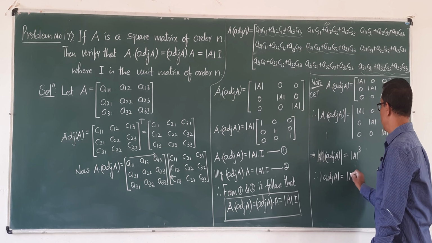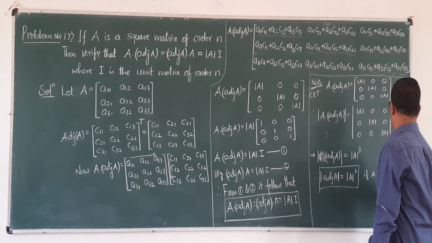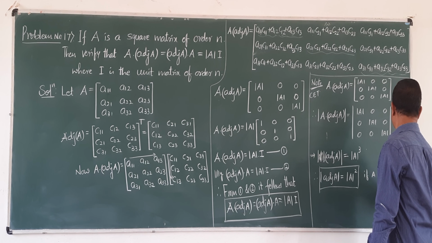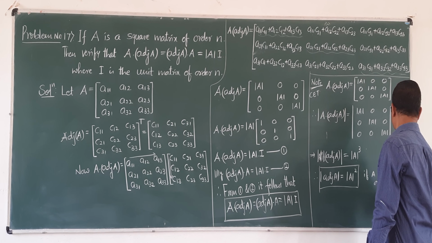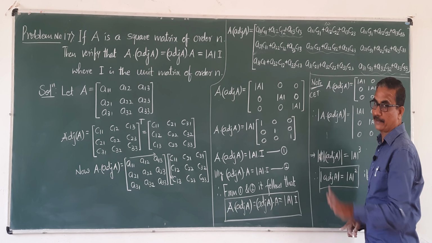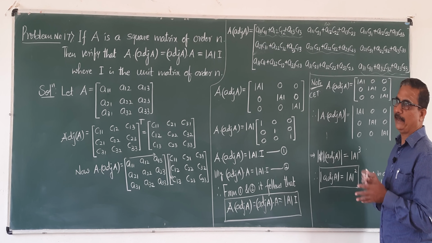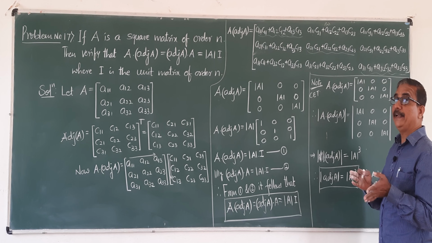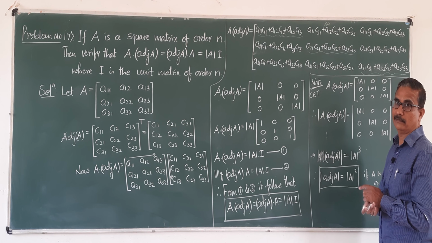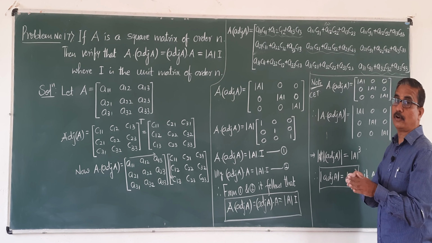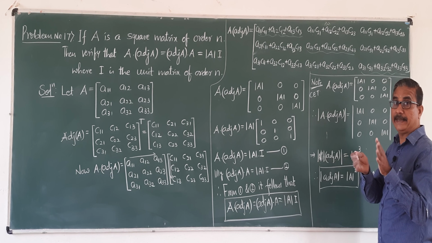If A is a matrix of order 3 cross 3. Look, if a 3 cross 3 matrix is given, they ask: A is a matrix of order 3 cross 3, find determinant of adjoint of A. If you solve adjoint of A and then the determinant, it takes time.